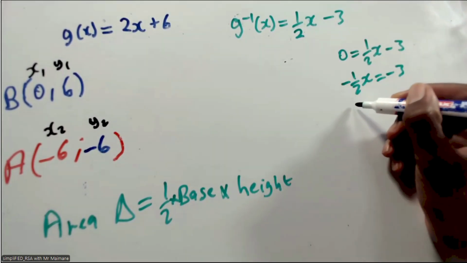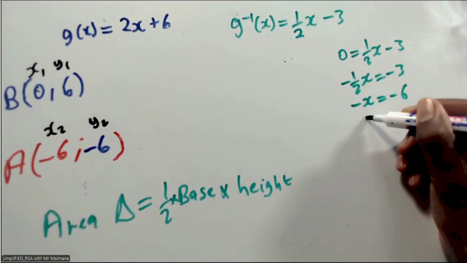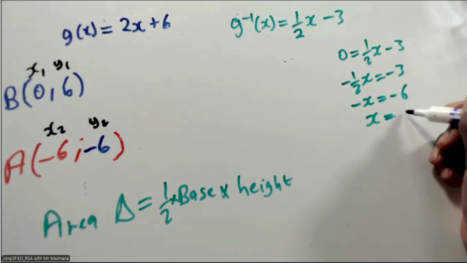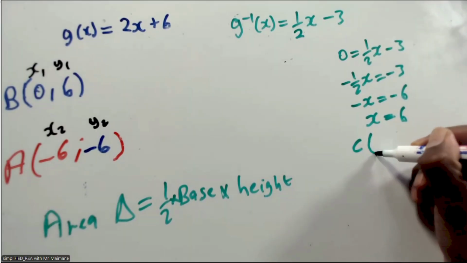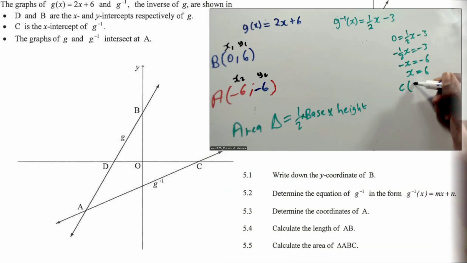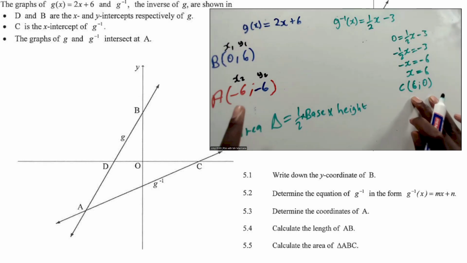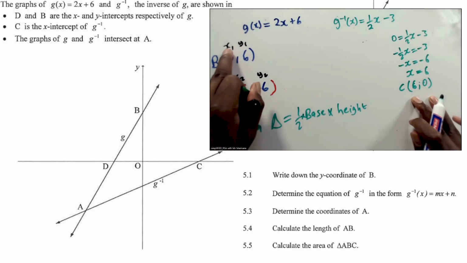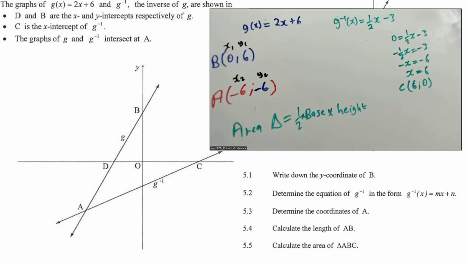Therefore, if I cross multiply there, I will have that minus x is equal to minus 6, which means x is equal to positive 6. Therefore, point C is (6, 0), because like I say, the way we represent a point is the x-coordinate first and then the y-coordinate.